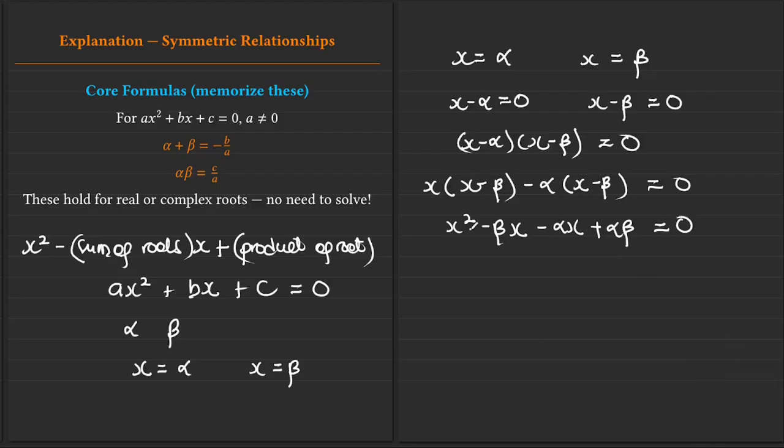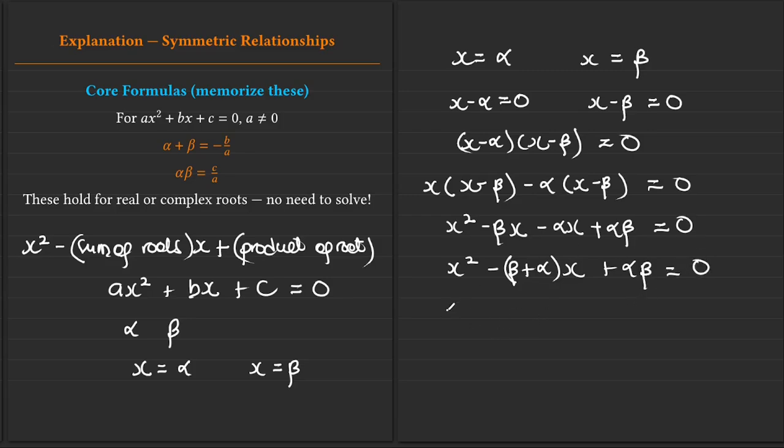So with this, since we have an x and then an x here, we can group them so that we have x squared, then they both have negative. So negative, we can write it as beta plus alpha x, and then plus alpha beta is equal to 0.